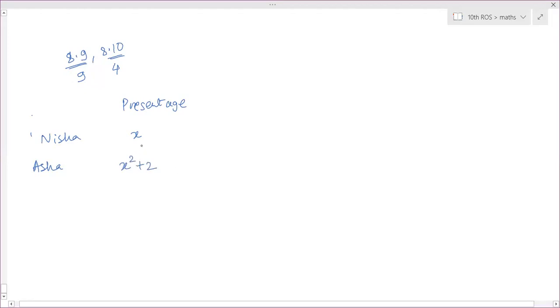Now, when Nisha will be Asha's age? Take a simple example with numbers. If right now Nisha is 2 years old and Asha is, sorry, 30 years old, when Nisha reaches Asha's age, after how many years? 28.